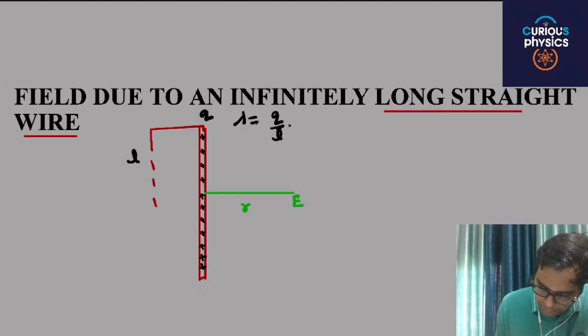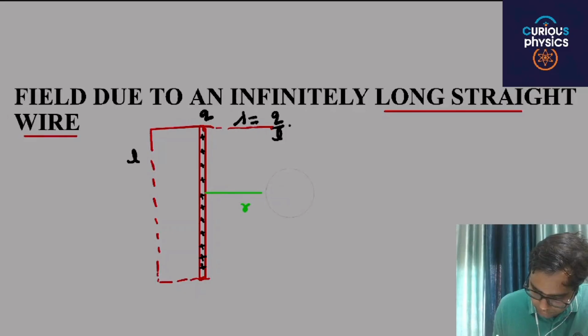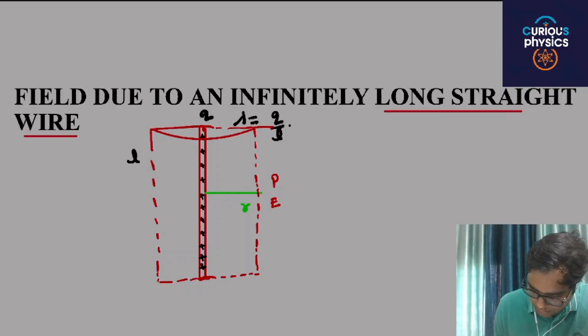This is the Gaussian surface. You can see that's the electric field at point P. The Gaussian surface is like this, in the form of a cylinder.